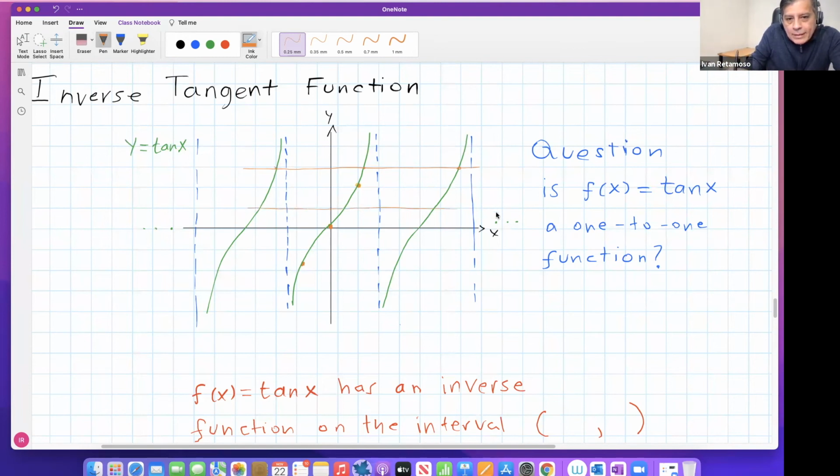But if I cleverly choose one piece, for instance, just this chair, the one in the middle, this will pass the horizontal line test, right? Follow, guys?